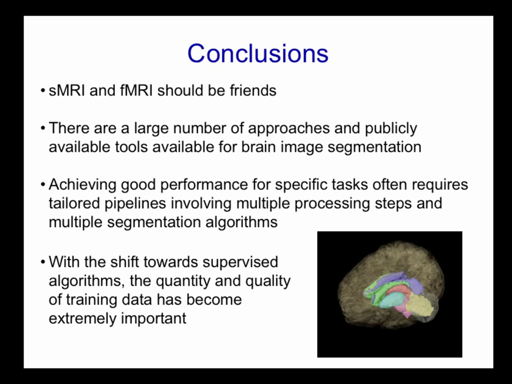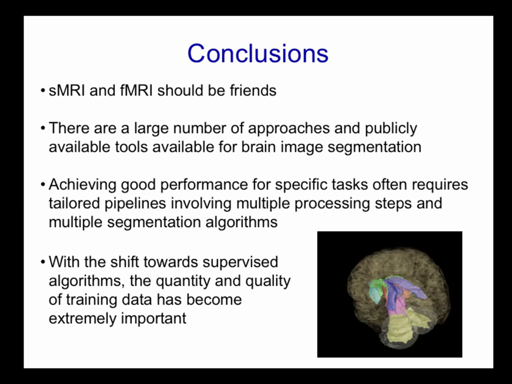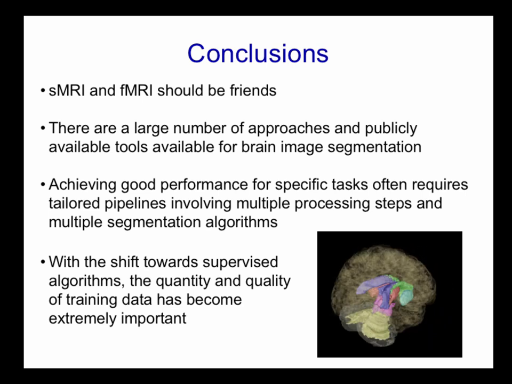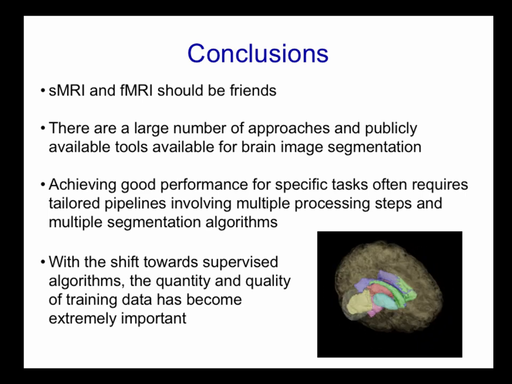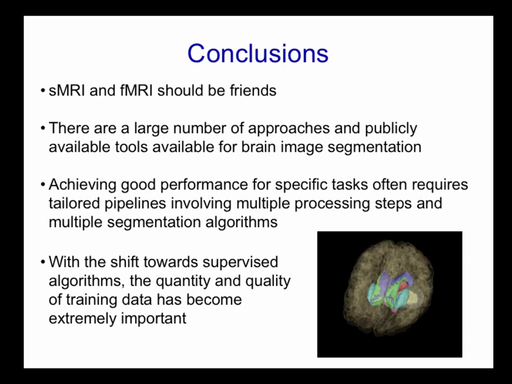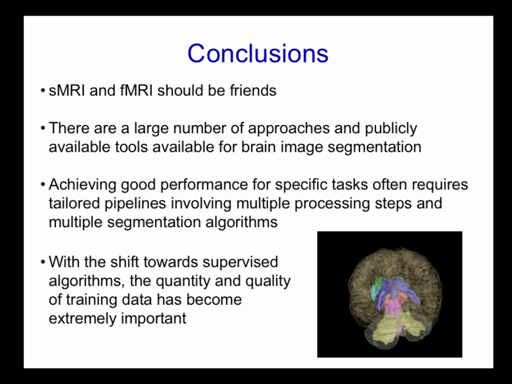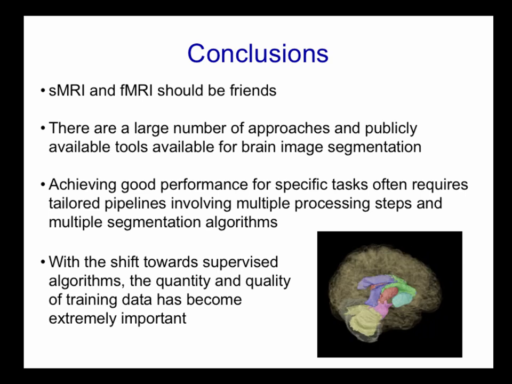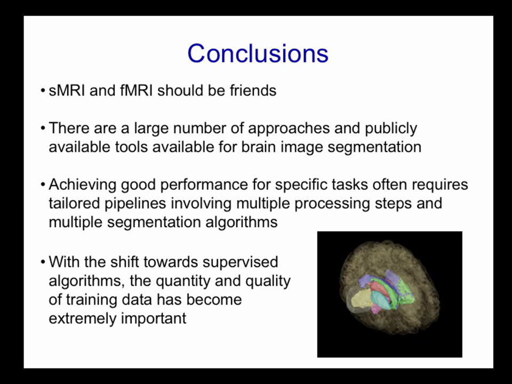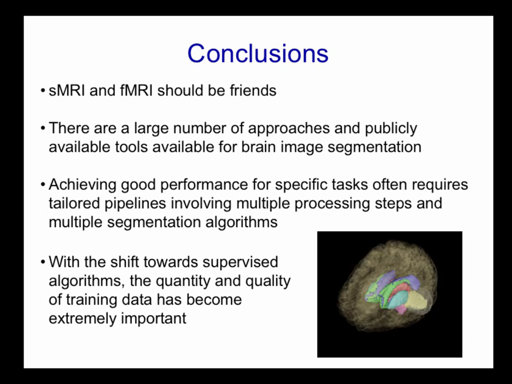So the standard of our competition was, can you be as accurate as the difference between two manual raters? And it turns out that lesion segmentation is very hard, so two manual raters are not very close to one another. So that was achieved, certainly by some of the algorithms. They were able to get as close to the segmentations as two manual raters.